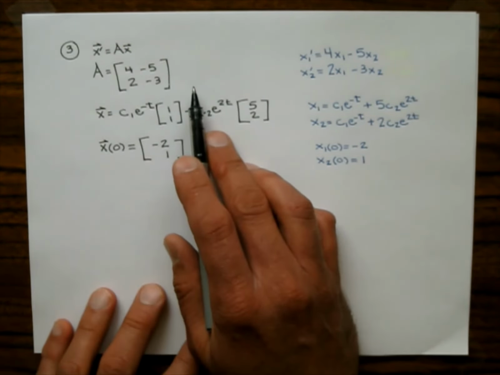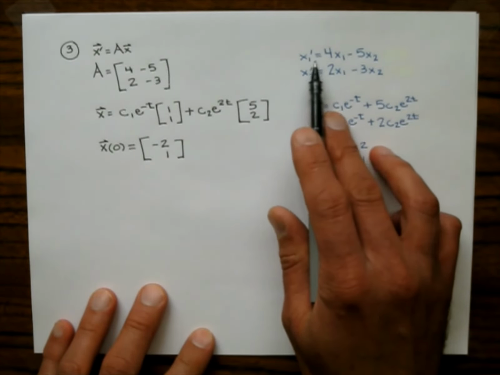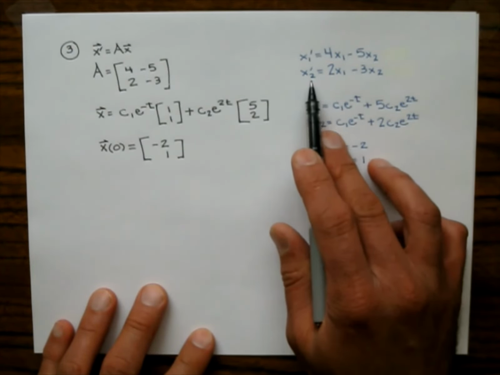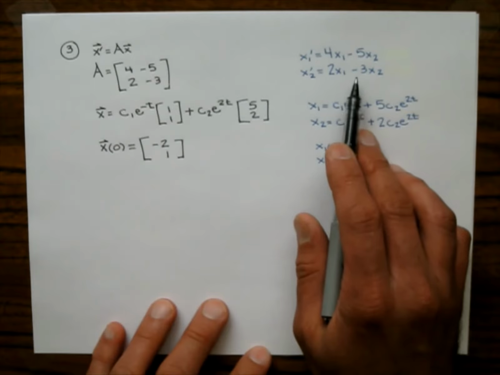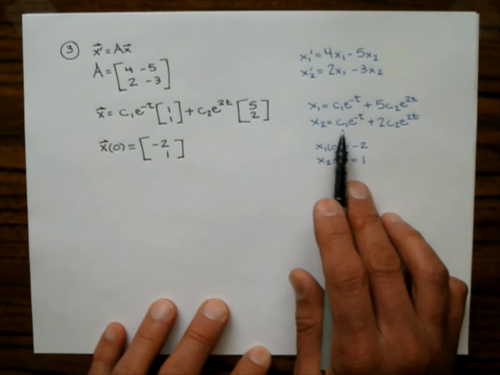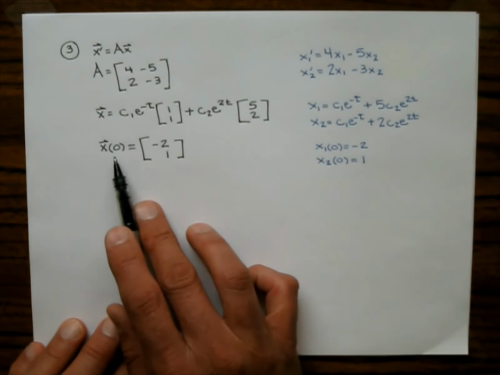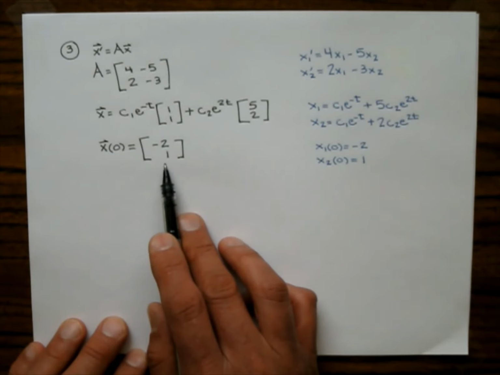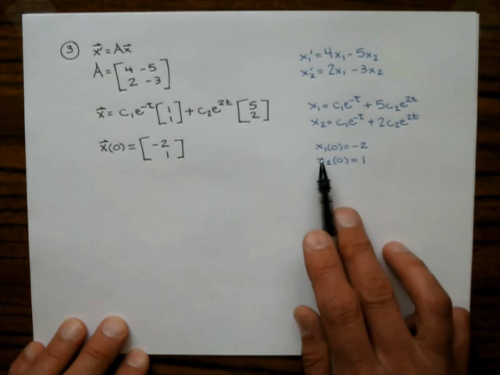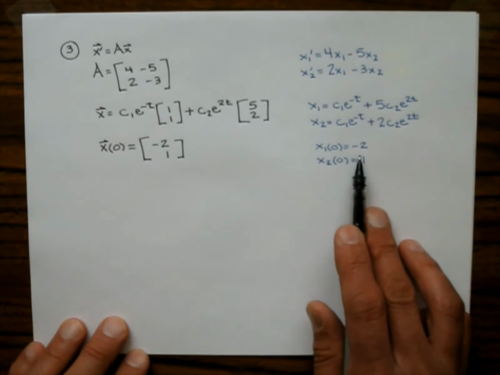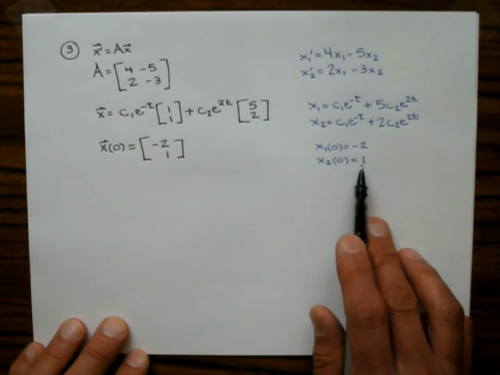Now, you also might recall that when I did this, I wrote down the problem, here's the system of differential equations, here's the answer. So when you're given an initial condition, it says vector x evaluated at 0 is -2, 1. It's the same as writing this: x1 of 0 is -2, x2 of 0 is +1.